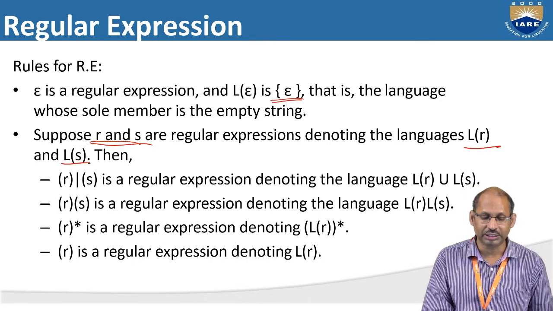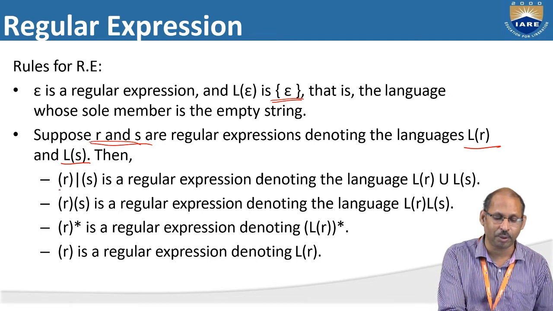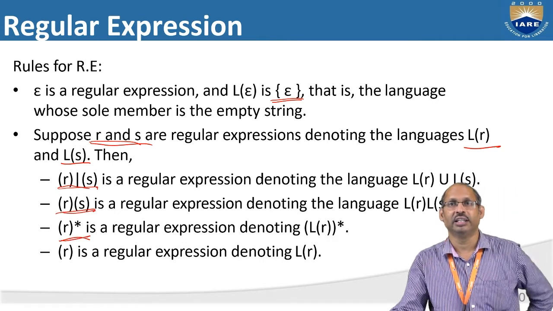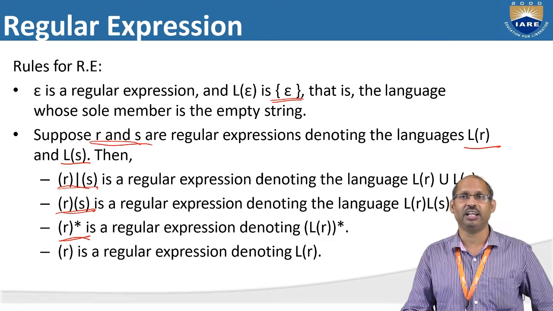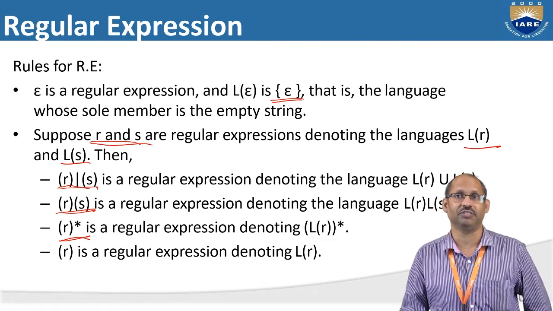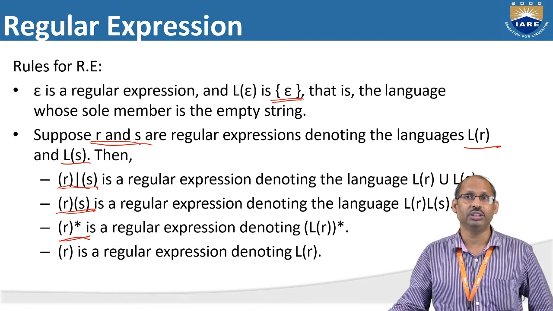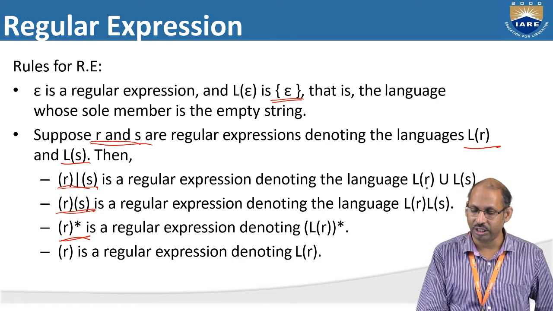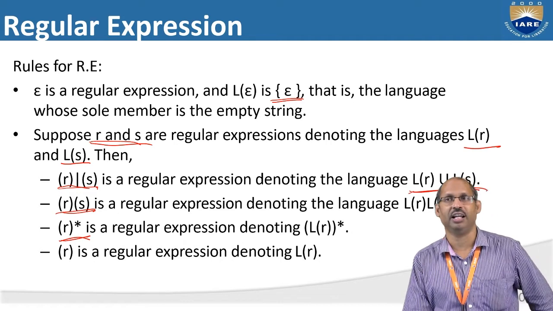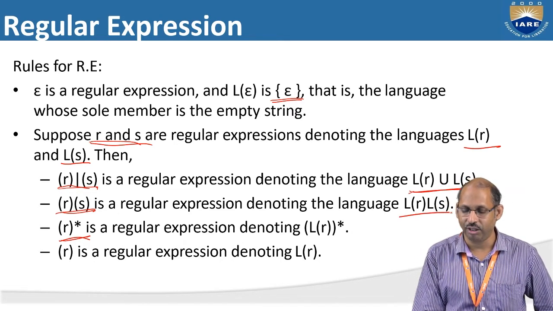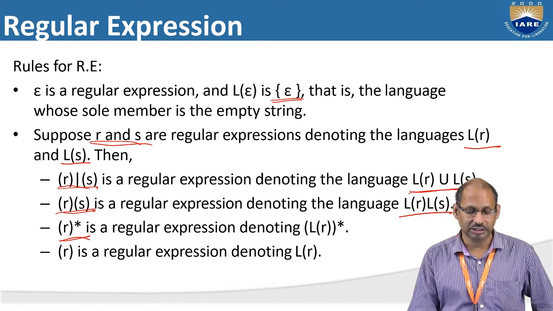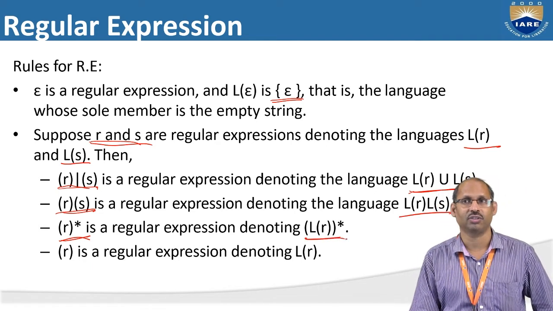Then we use three main properties. What are the three main properties? Union, concatenation, and closure. We have seen in the previous slide that we have used these three main properties. The union of two regular expressions is L of R union L of S. Concatenation is L of R followed by L of S. R star is L of R closure.